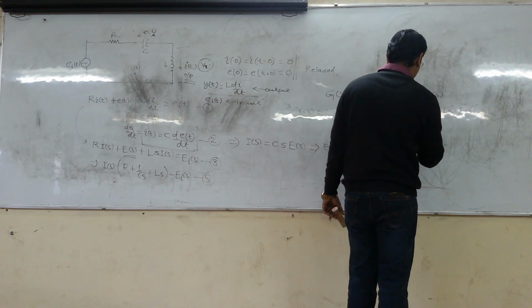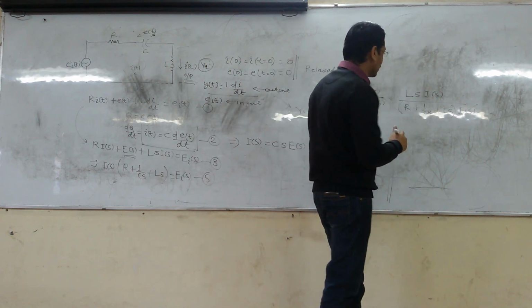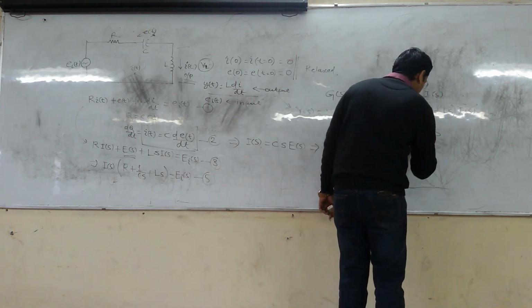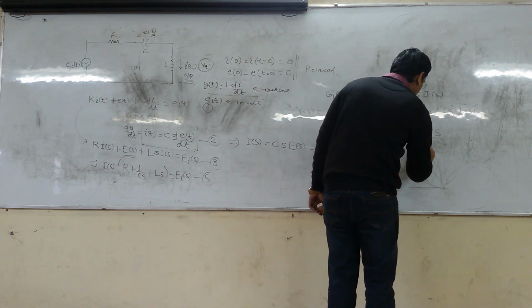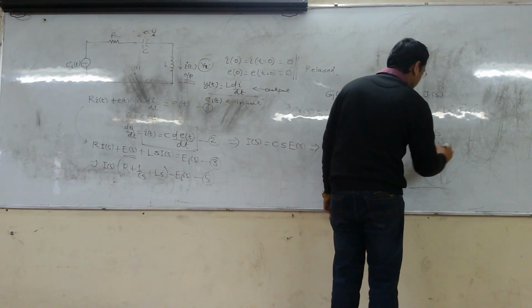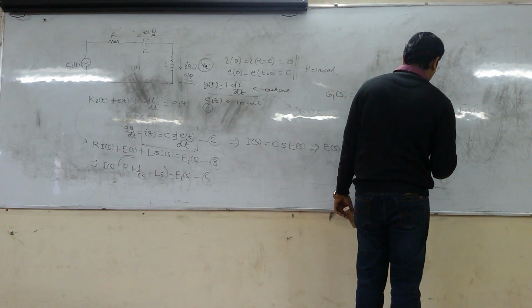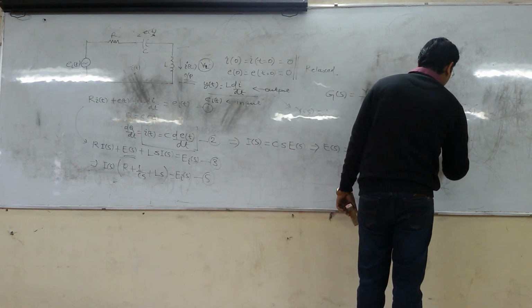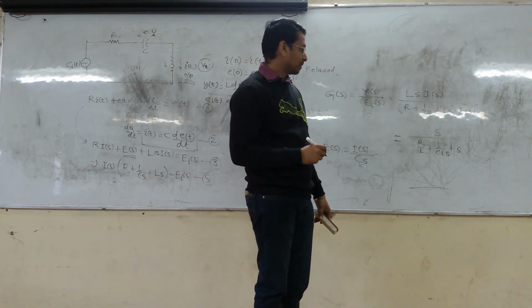What I am going to do, I am going to divide both numerator and denominator with L. So R upon L plus 1 upon CL S plus S. Correct?